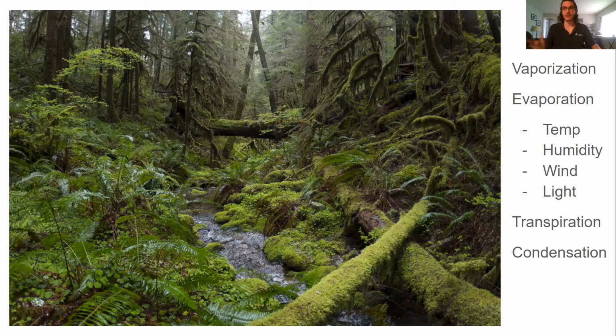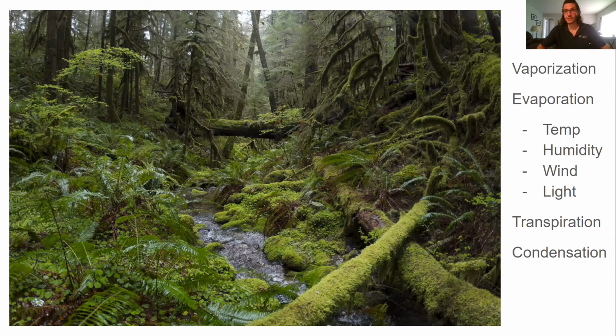And so again, if wind blows a bunch of the water out of the system, or moves those water particles away into a different area, then that opens up more space. And then lastly, light. This one's a little bit more related to transpiration and plants, but also in general.